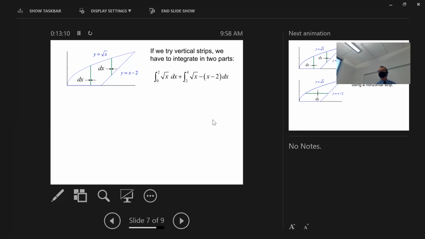Where's the 2 come from? Seriously? It's where the line hits the curve. I'm sorry, not the line hits the curve. It's where the line hits the axis. When x is 2, it's hitting the x-axis. So you're going from 0 to 2 for this part, and from 2 to 4 for that part.